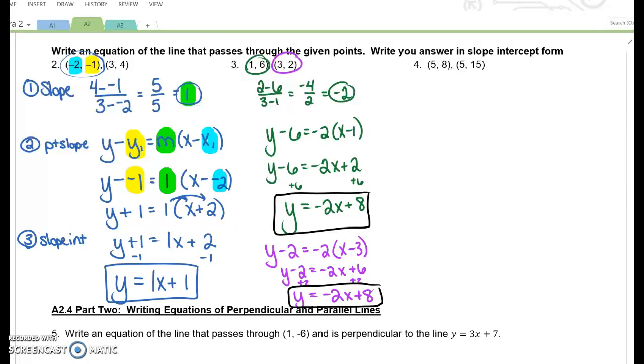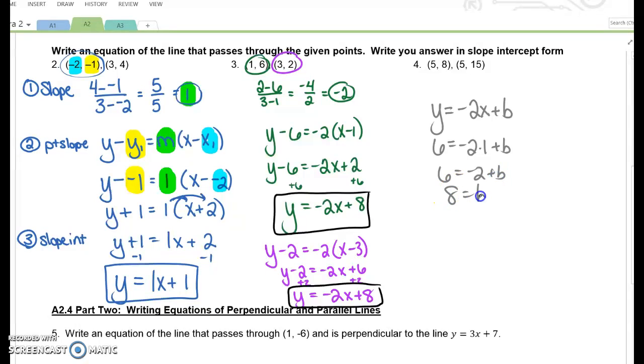Now, the other way to do this, which some of you might have learned in Algebra 1, I'm going to erase this, so don't use up your space over here. But if you know that your slope is -2, you could write y equals -2x plus b. Then you could plug your point in, 6 equals -2 times 1 plus b.